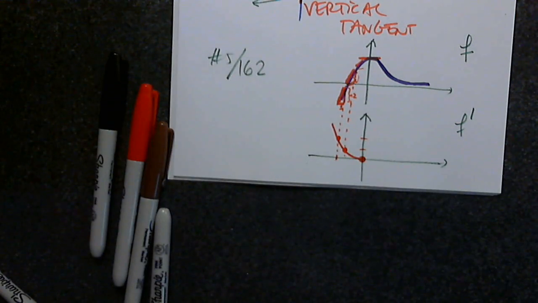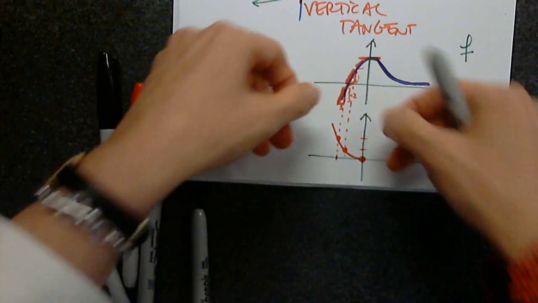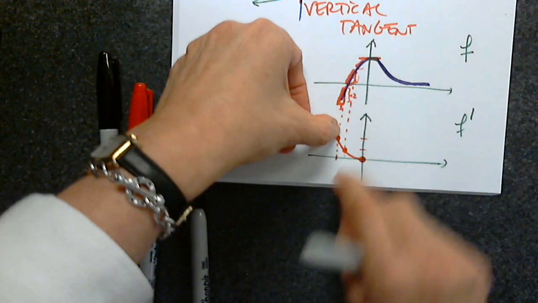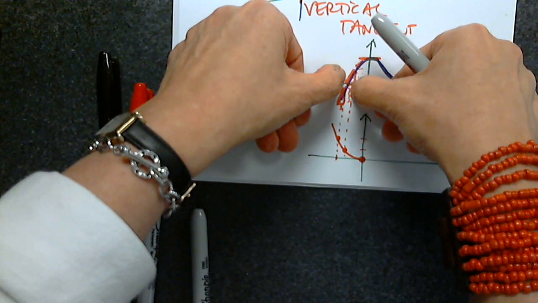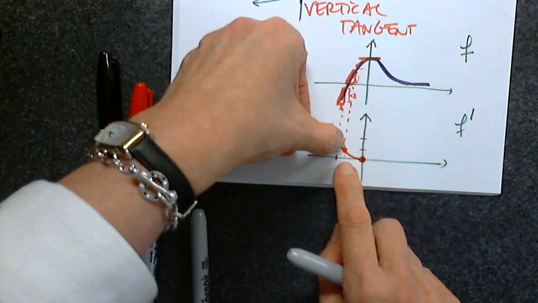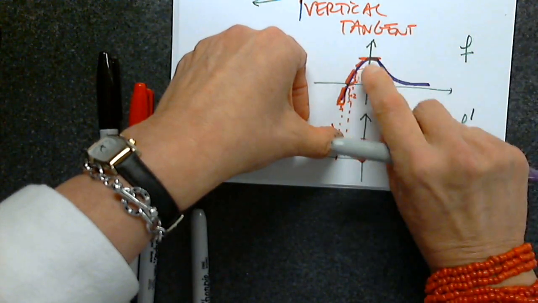So the function that I'm going to start graphing will give us the slope of the tangent line to the graph of f at any point. At this point, the slope is 2. For this x value, the slope is 1. For this x value, the slope is 0.